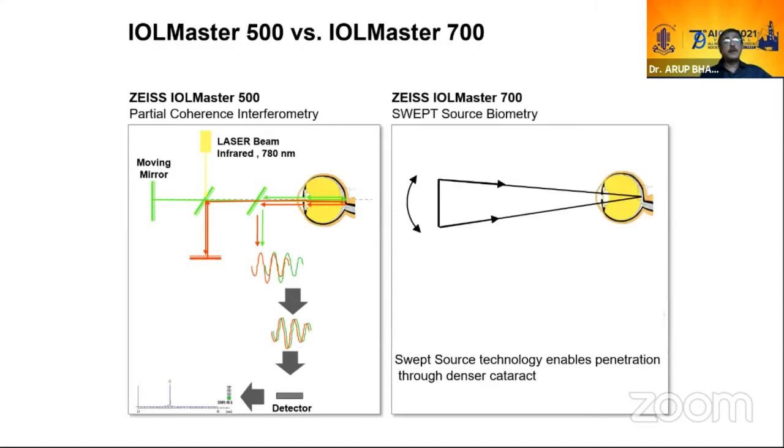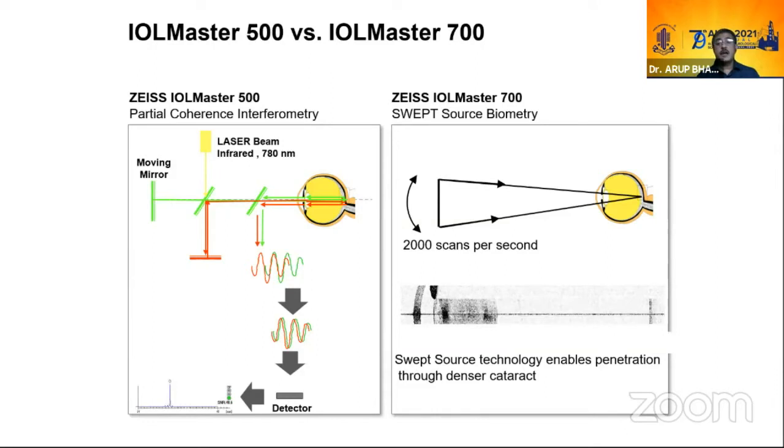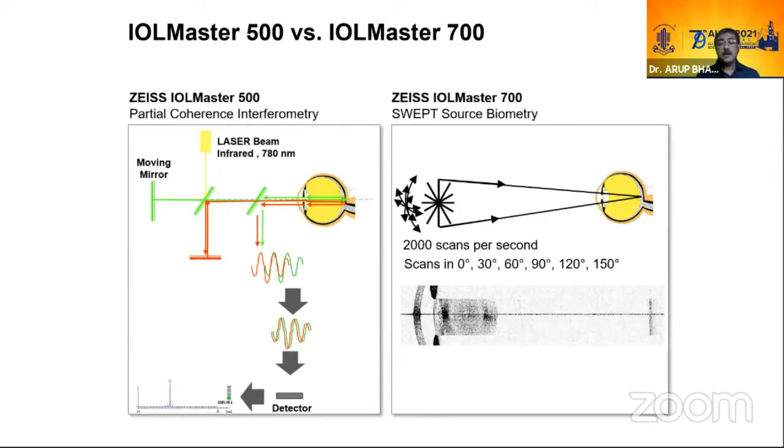The principle of the IOLMaster 500 is partial coherence interferometry. But the 700 has a swept source, and it can do 2000 scans per second at different angles: 0 degrees, 30, 60, 90, 120 degrees. Within half a minute, it can do everything. 2000 scans.